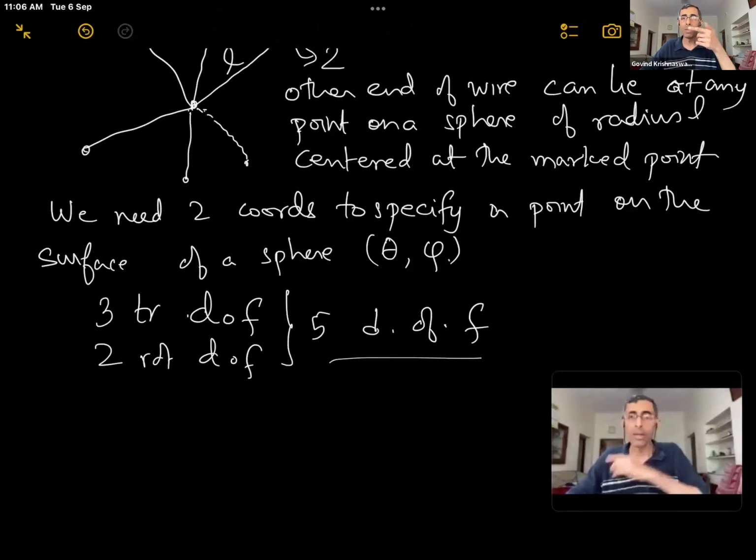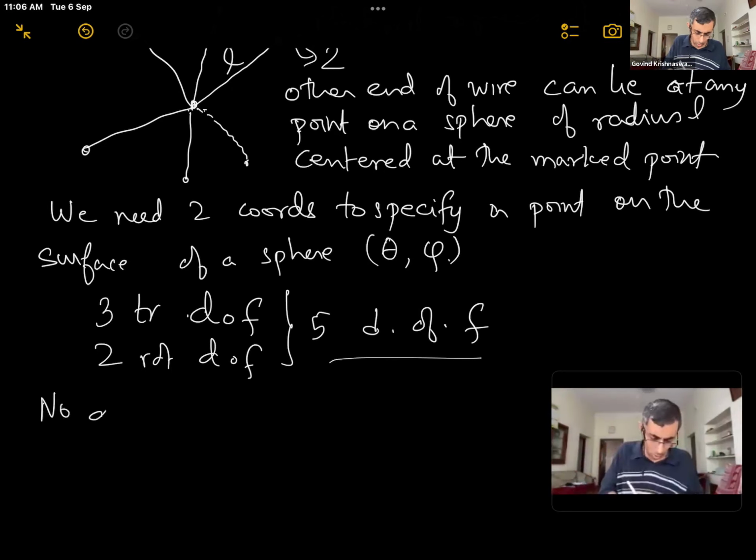On the other hand, spinning the wire about the axis is not a degree of freedom here because it is infinitesimally thin. The locations of the particles in the wire do not change when I spin the wire about its axis. This is a very important point, and I think many of you have got it.